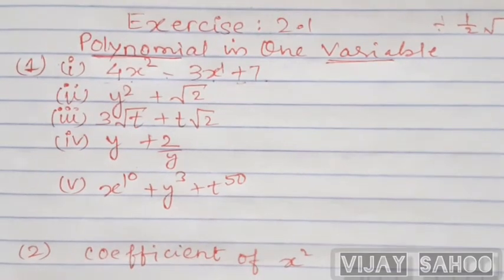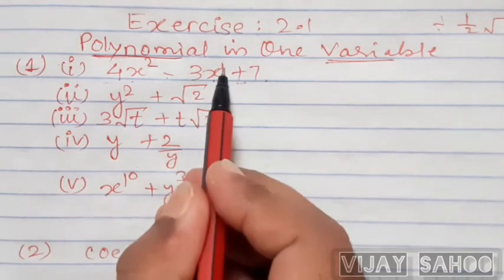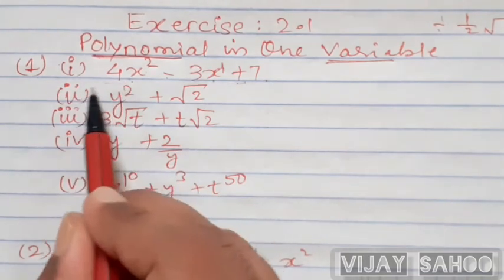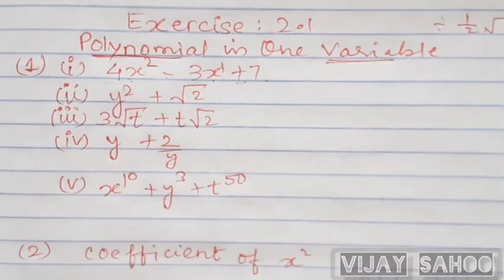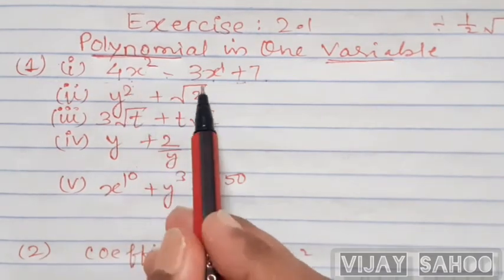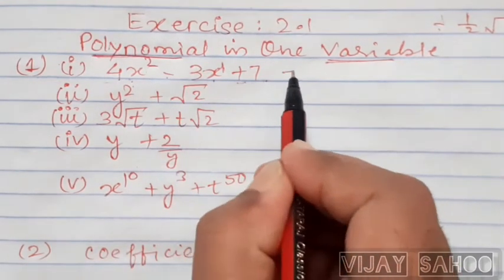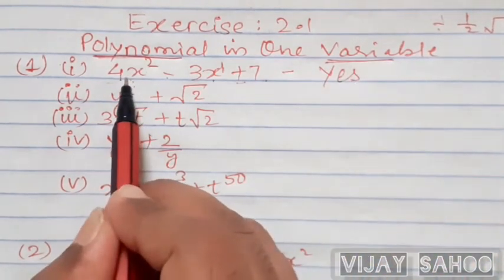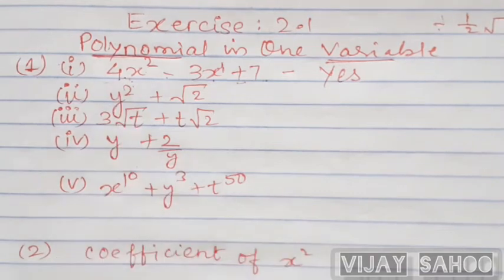So here it is in natural numbers and one variable. One variable means what? If an alphabetical term is over here x, then the entire equation should be in the form of x. It means x के अलावा कोई और दूसरा दिखना नहीं चाहिए. So here x, and here is a constant term. So what will we say? Yes, it is a polynomial in one variable.